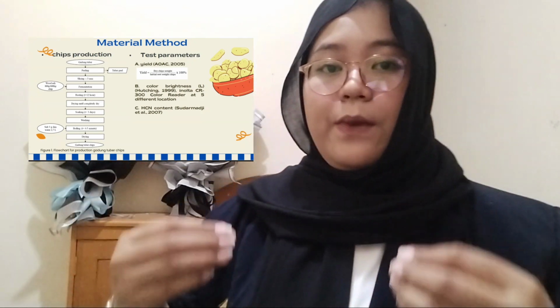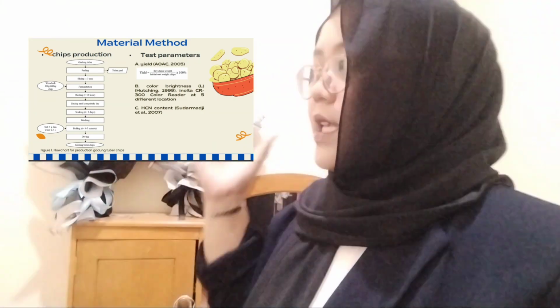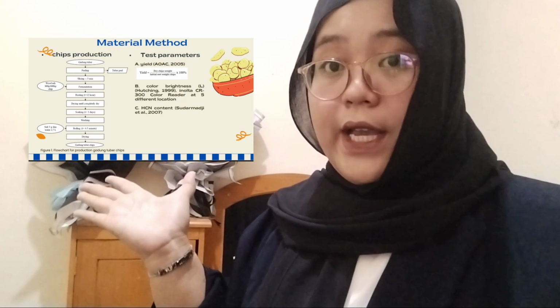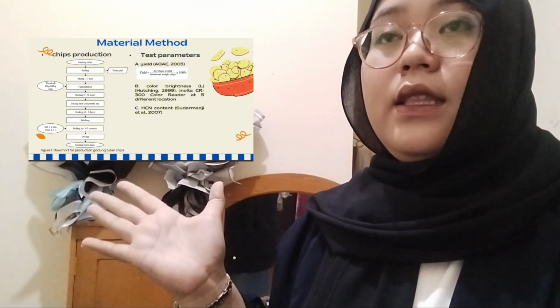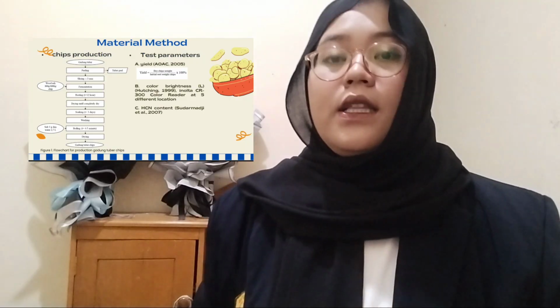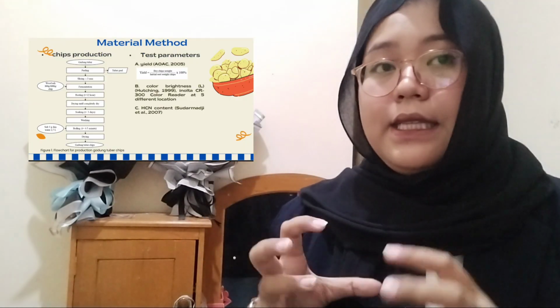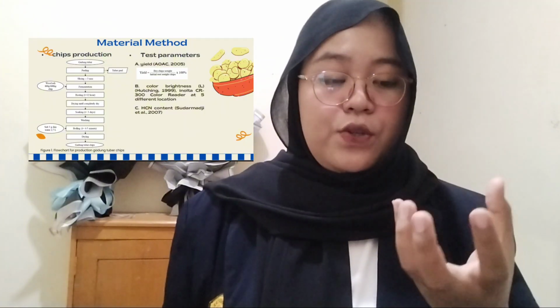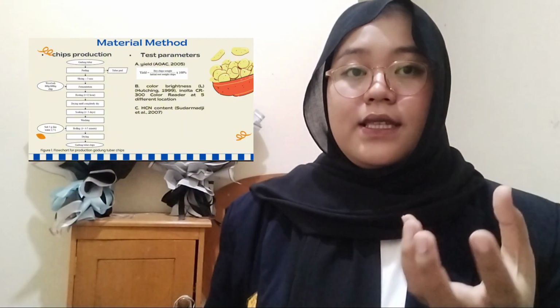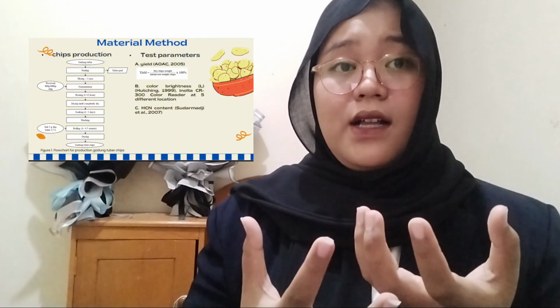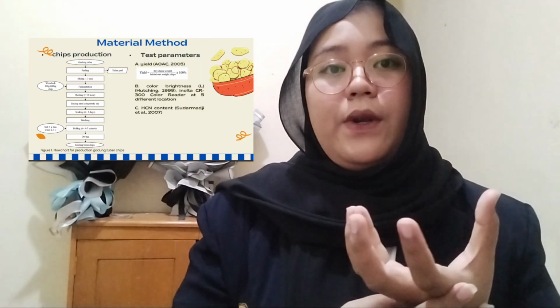The flow chart for gadung chip production is shown in Figure 1. The process began with the preparation of gadung. After the gadung is ready, it is peeled to remove the skin.